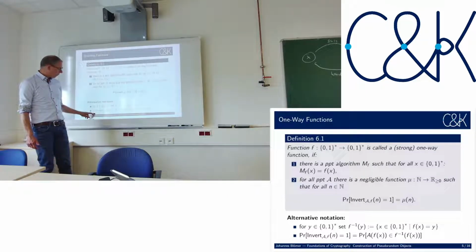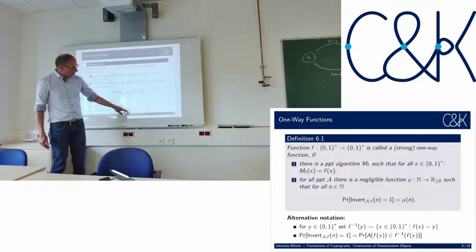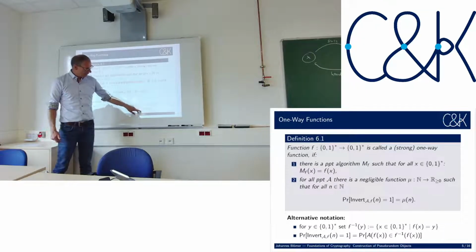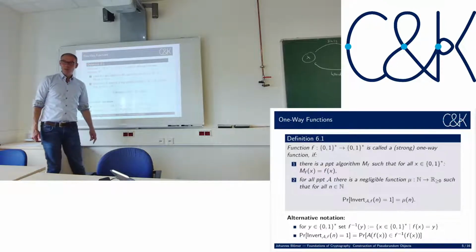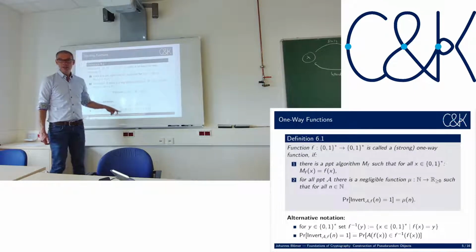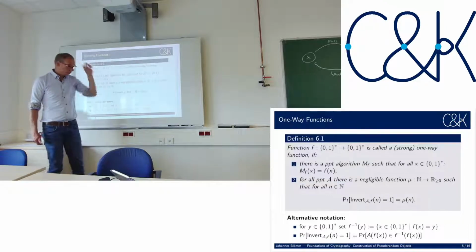And then we can write this probability also as the probability that A, on input f of x, and we denote by A(f(x)) the output of A on input f of x, that this output lies in f^-1(f(x)). So this is our y, so it just has to produce one element from this set, not necessarily the original. That often turns out to be a very useful notation.